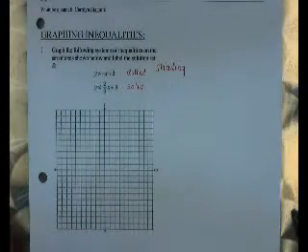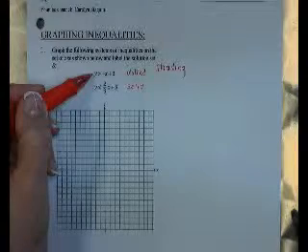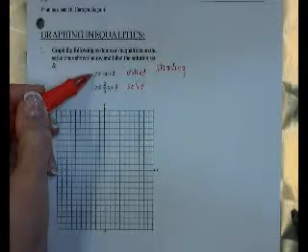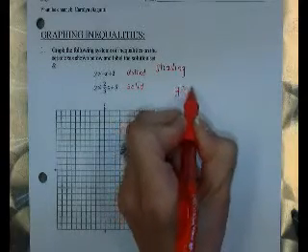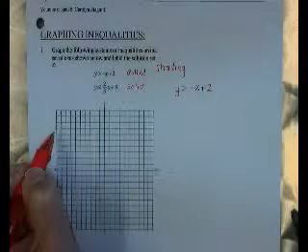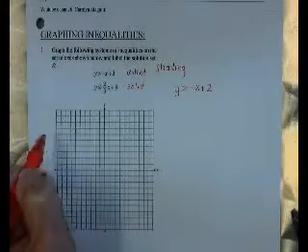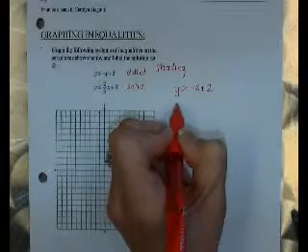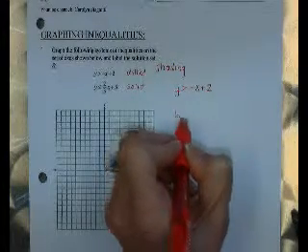So if we look at the first line, we know in order to graph a line, it must be in y equals mx plus b form. So this equation is already solved for y. In order to graph this, I need to know what the y-intercept is and what the slope is. My y-intercept is always the constant, or the number without a letter, so I have b equals 2.